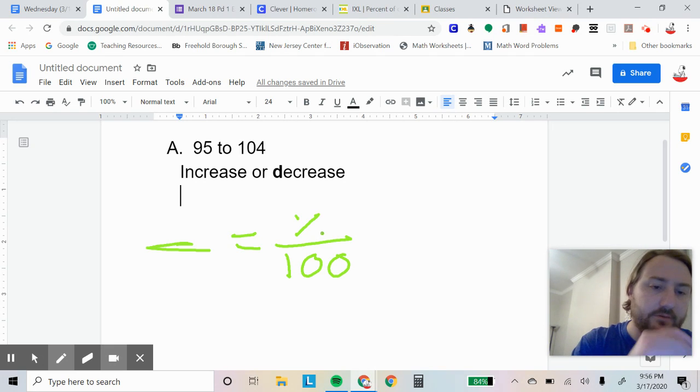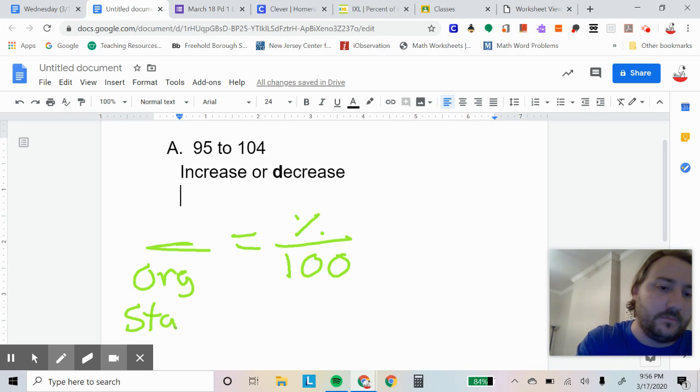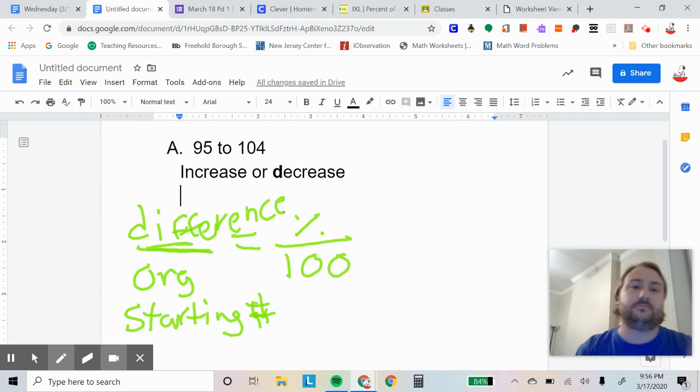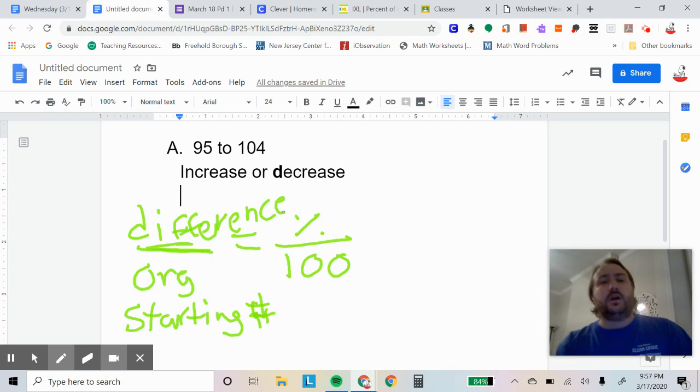And over here, we're going to have the original, what we started with, the starting number. And up top, we're going to have the difference. A little sloppy, I know. I apologize about that.